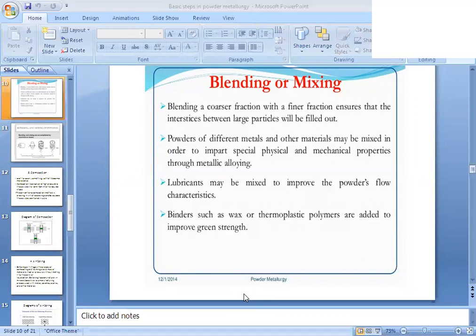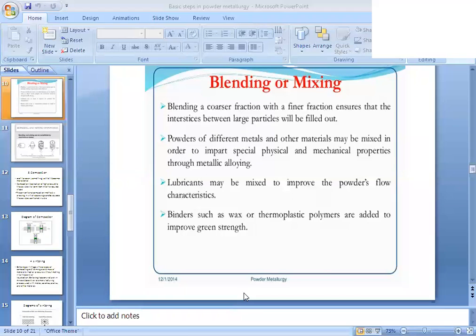Blending means one substance is mixed with different things, and this is called mixing. Blending a coarser fraction with a finer fraction ensures that the interstices between large particles will be filled. Powders of different metals and other materials may be mixed in order to impart special physical and chemical properties to the metallic alloy.